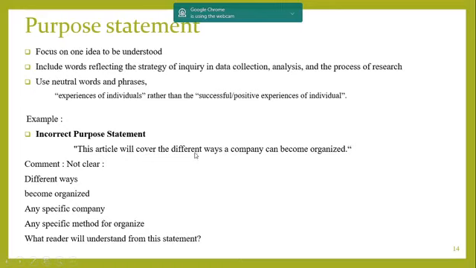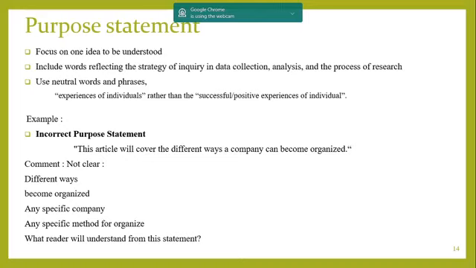When the reader reads it, he may ask many questions. The author says different ways, but I don't know what ways are available. He says a company. What is a company? Whether it's private or public, or a hardware company or software company, we don't know.